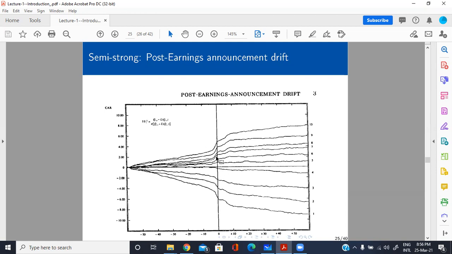In horizontal axis, there are number of days before the event date and after the event date. And in vertical axis, we are representing the cumulative abnormal return. And if the market is efficient, this line should be a straight line from this point at least.